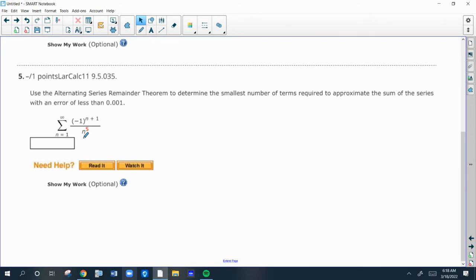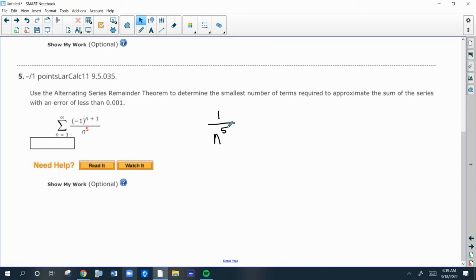So if we want to get this within 0.001 of the actual sum, and we need to know how many terms we have to actually add, we need to know that the first term after what we're adding is less than 0.001. So in other words, this is the last term that we will have, whatever, n equals 6.